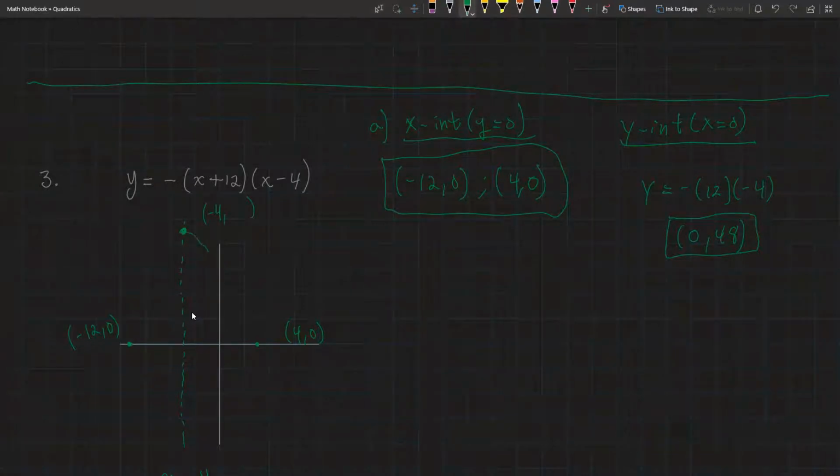Let's start with the picture. I usually have an easier time doing these on paper, but oh well, there's my picture.